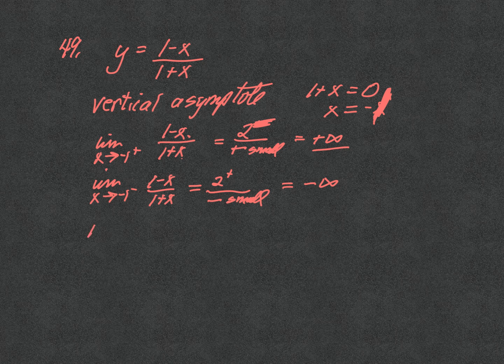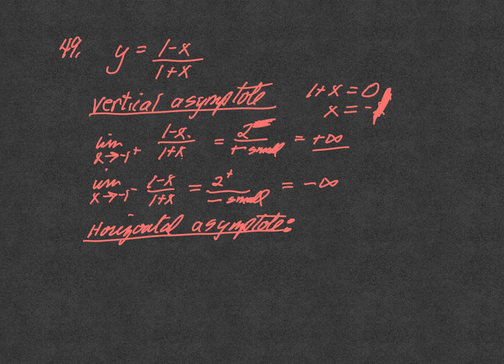So now we can do the horizontal asymptote analysis. Okay, so vertical, horizontal, and the horizontal asymptote will be the limit as x goes to infinity of 1 minus x over 1 plus x. We multiply that by 1 over x over 1 over x.